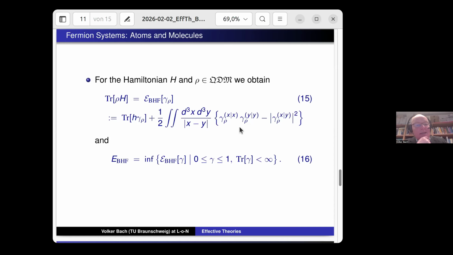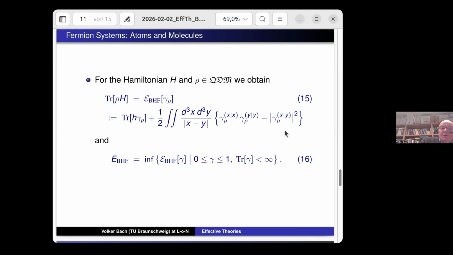So this is in fact the classical electrostatic energy of the fermion gas if we interpret its one particle density as a classical charge distribution. But there is a quantum correction to this term, and that's the second term here, where we subtract the gamma rho at xy to absolute value square.